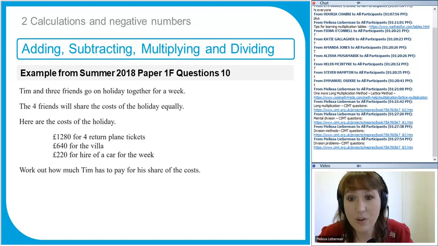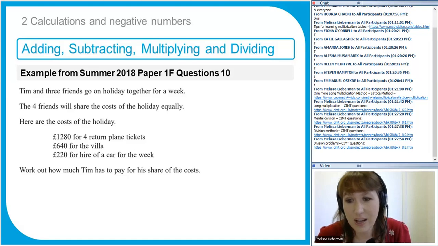The next line tells us that the 4 friends will share the cost of the holiday equally. So usually when you see the word share, you think, well, there's probably going to be some division in here. They share it equally with 4 friends. And then we're given the cost of the holiday. We're told the cost of 4 return plane tickets.